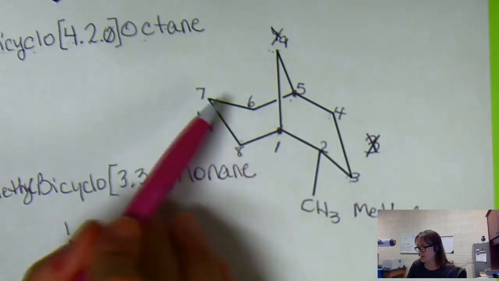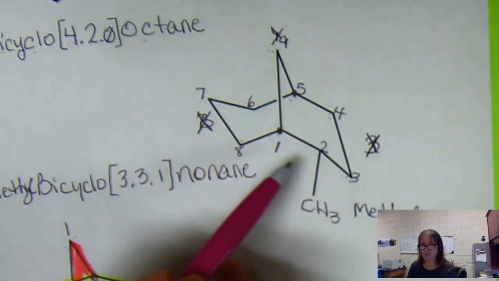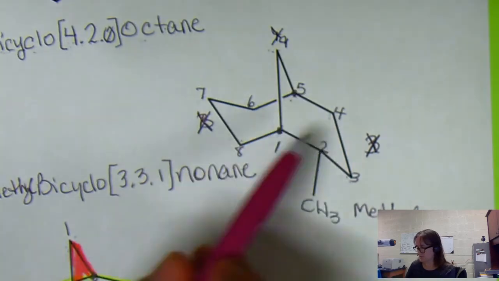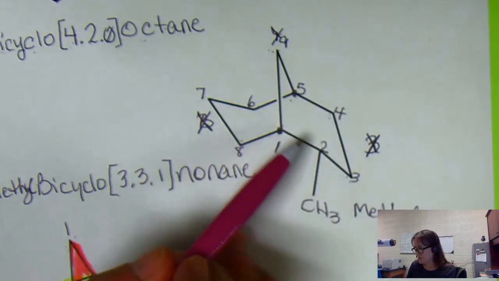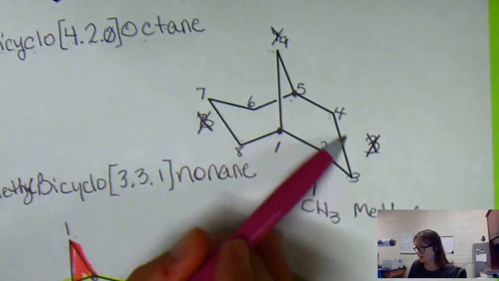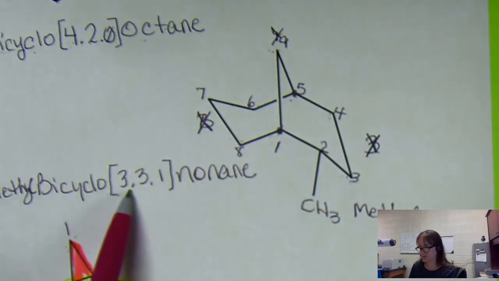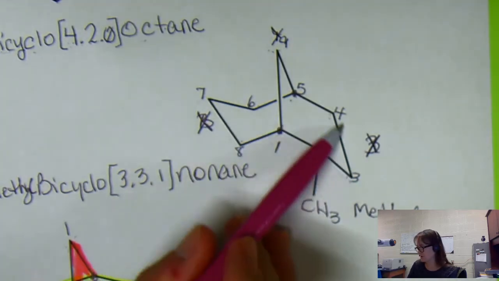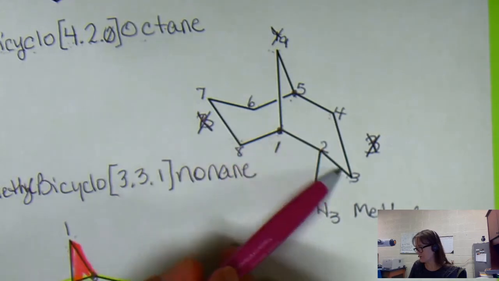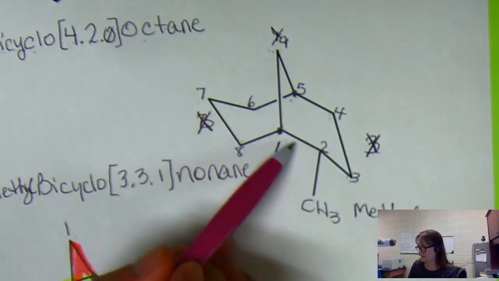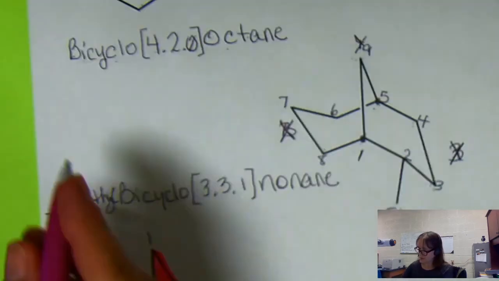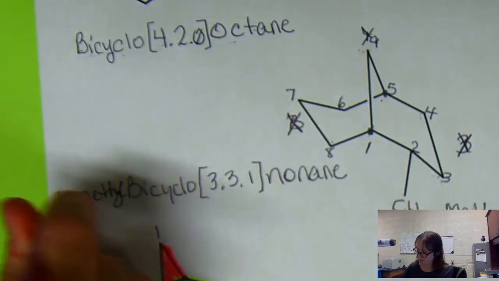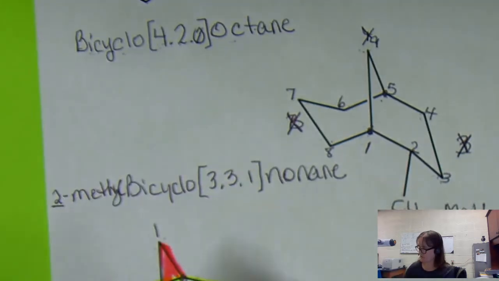And so you want the smallest number, but you have to follow the rules, which would be you have to number going through the larger of your connections. And so this is one of the larger connections, and you have to go in one direction once you decide. So carbon 1, carbon 2. So I'm going to put a 2-methyl bicyclo 3.3.1 nonane.